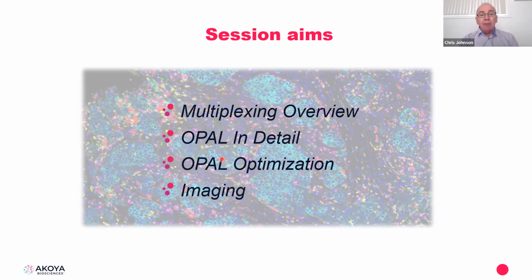I'm going to talk about the multiplexing, a little bit of an overview, a little bit of Opal in detail, a little bit about the chemistry and how it works. As in any application we do in the lab, it's good to know what goes on behind it. Then some optimization information. And then finally, towards the end, talk a little bit about the imaging that's related to this multiplexing.